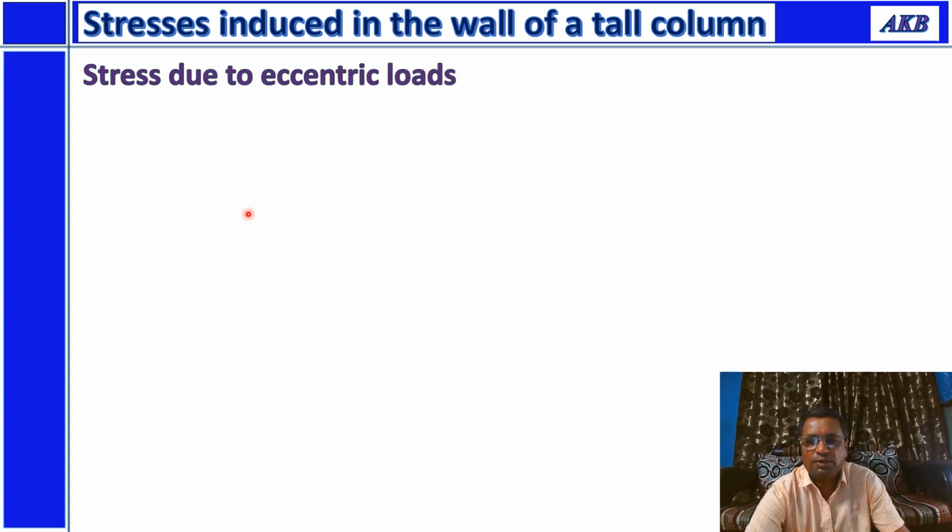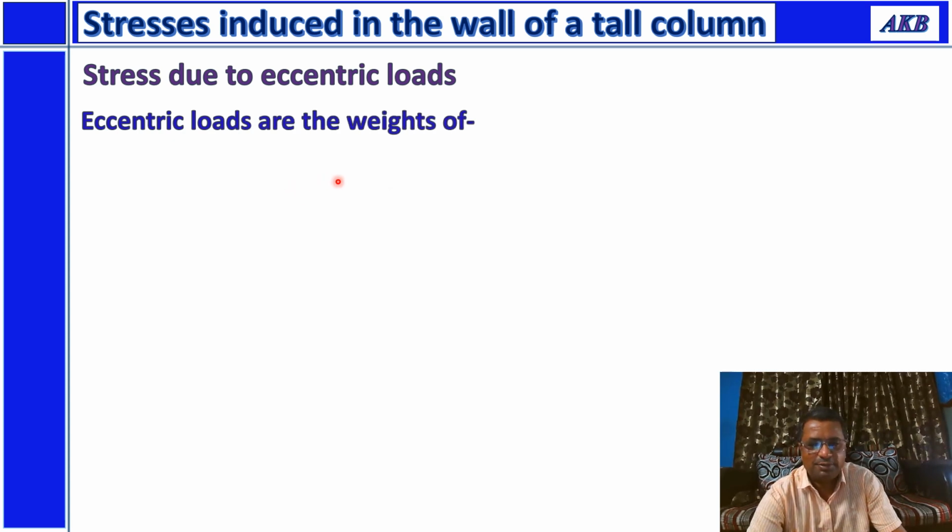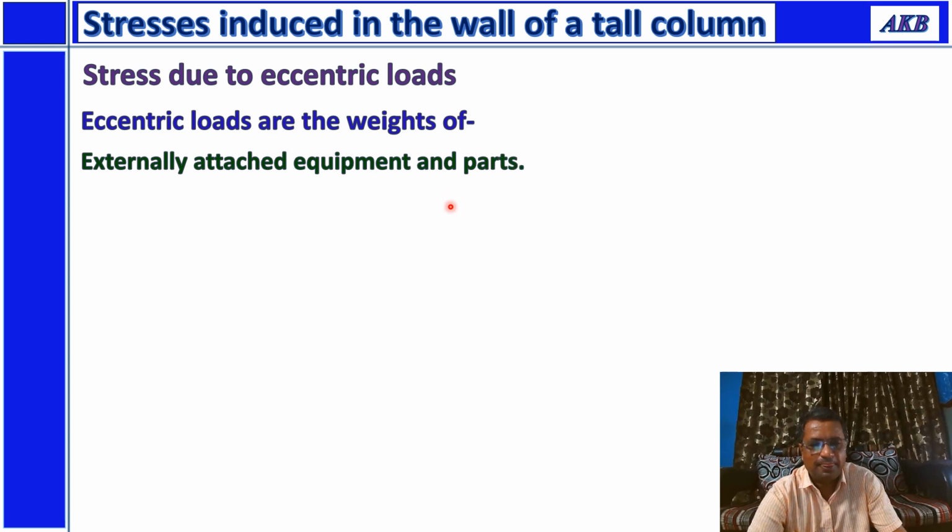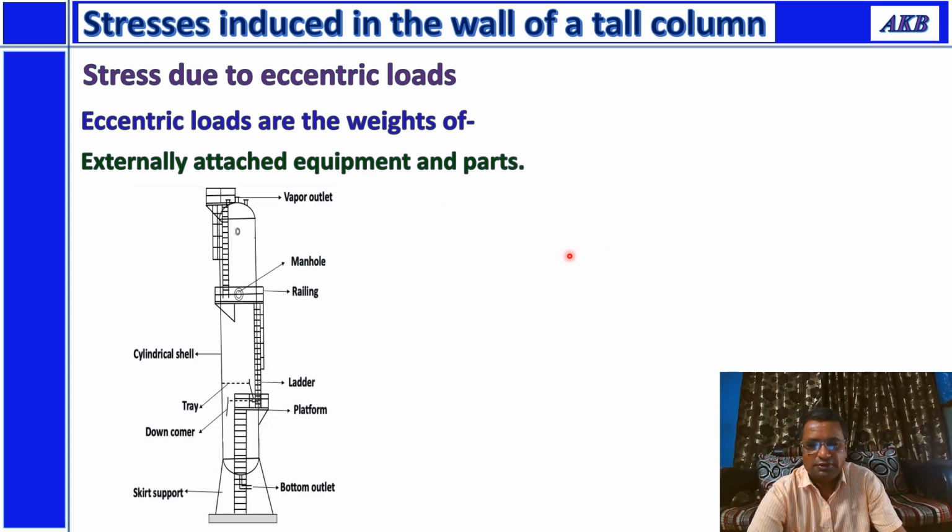Now let us talk about stress due to eccentric loads. Again, I have a separate video for this. You can watch it. Eccentric loads are the weights of externally attached equipment and parts. So again, if you look at this column, what are externally attached equipment and parts?